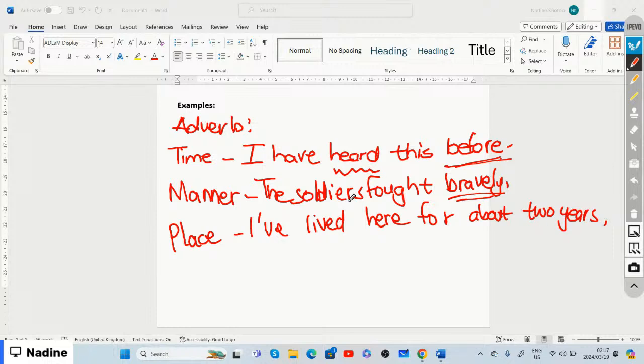If we identify our adverb within the sentence, it is here. So I've lived here for about 2 years, and that is adverb of place. That basically tells us where. It can be here, there, everywhere, upwards, downwards, backwards.